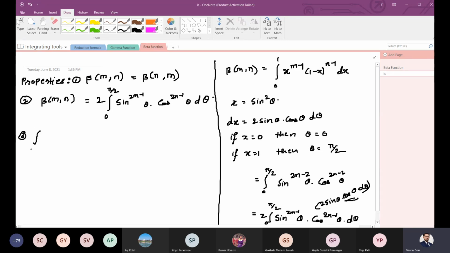So you can tell me now, if you have an integration 0 to pi by 2 sine raised to p theta cos raised to q theta d theta, what will this be equal to? Half of beta p comma q.